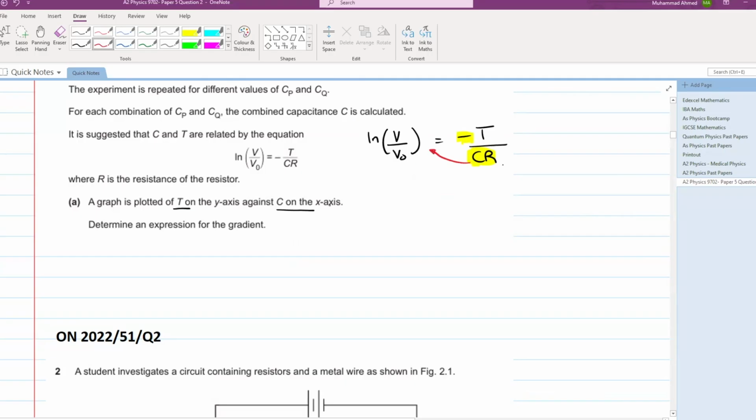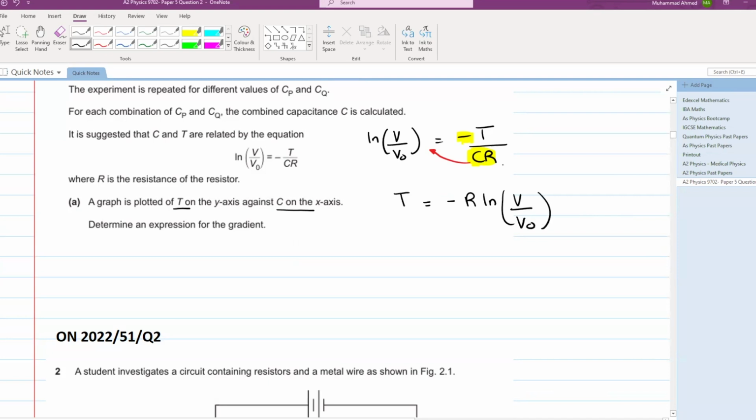This will become t is equal to negative R ln(V over V naught).